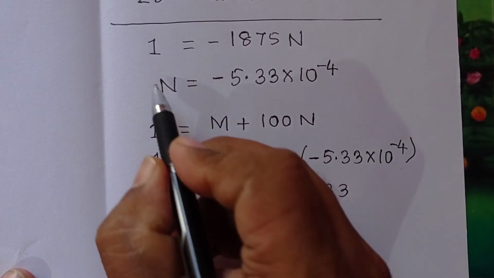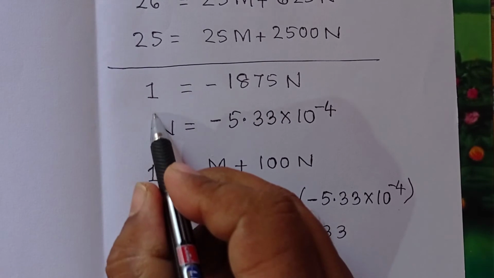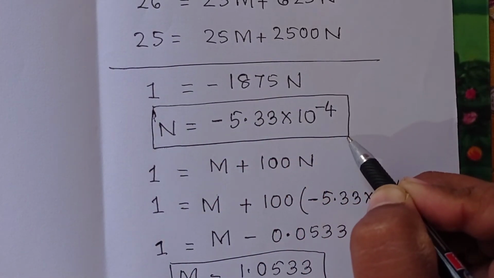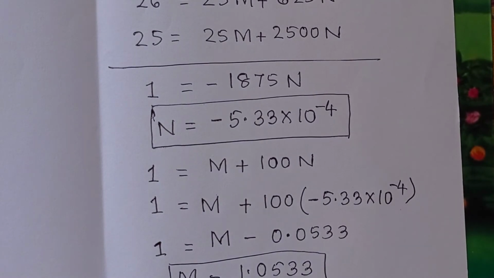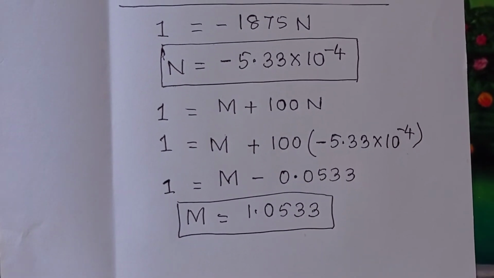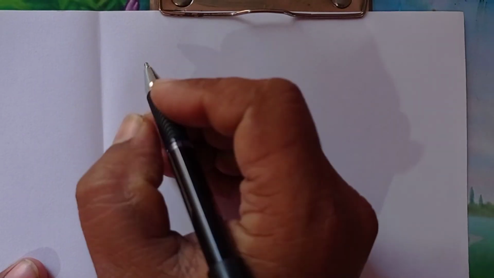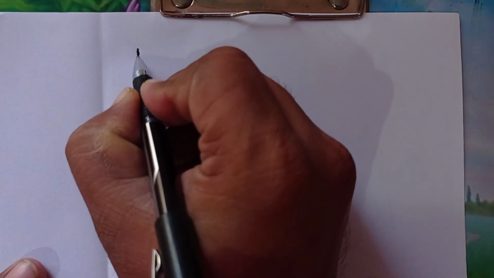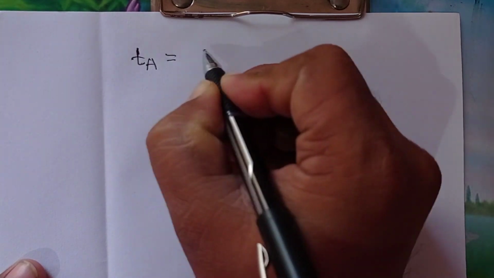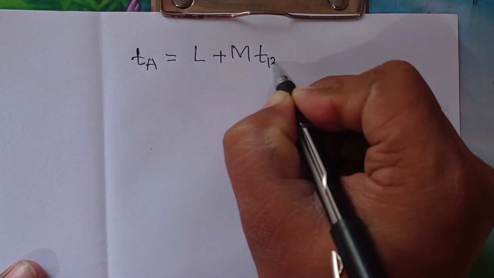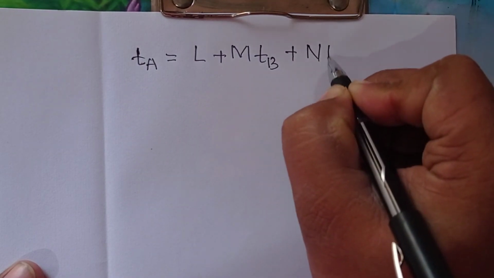So now L is known to me, L is 0, and m and n are known to me. So now I will substitute in the equation and find out the value of Ta when Tb is 37.4 degree centigrade. So let me write the equation again. That is Ta is equal to L plus m Tb plus n Tb square.